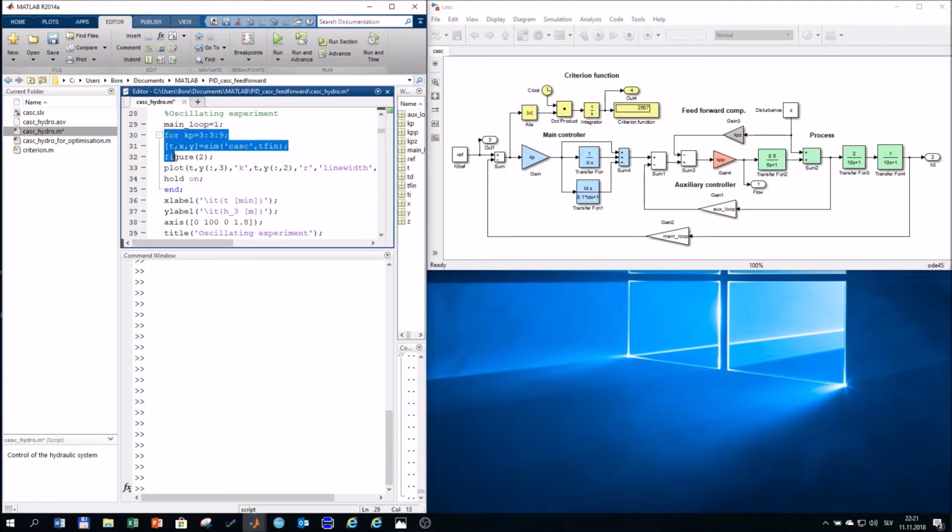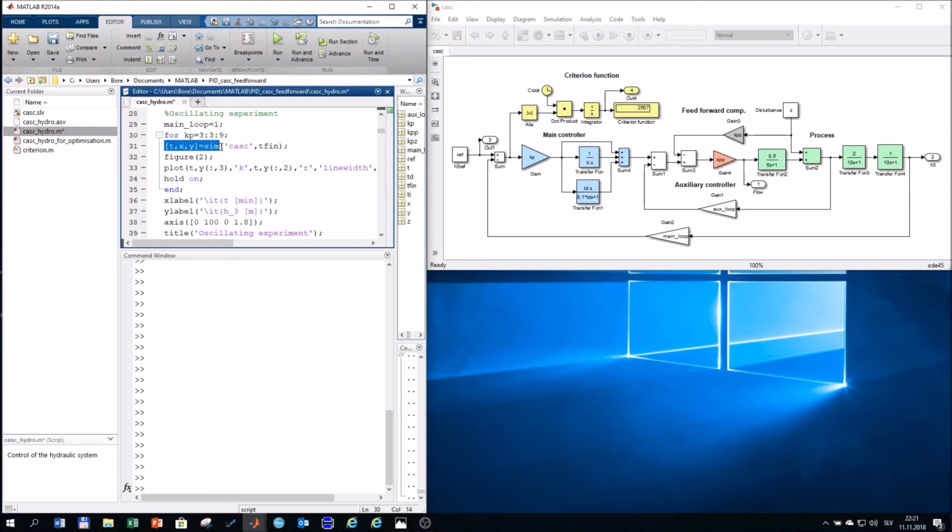With this for loop, we successively increase the gain of the main controller. We select the values from 3 with steps of 3, and the final value is 9.